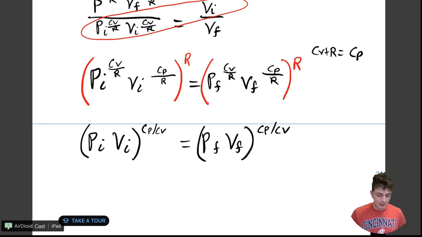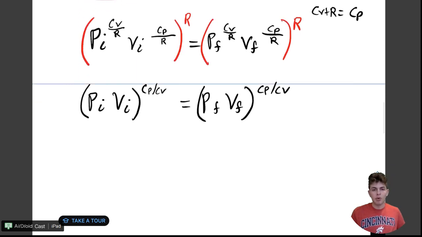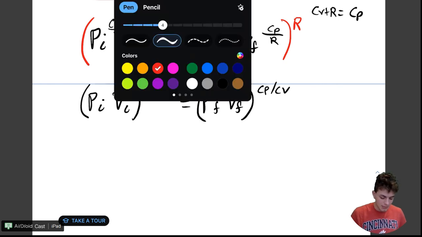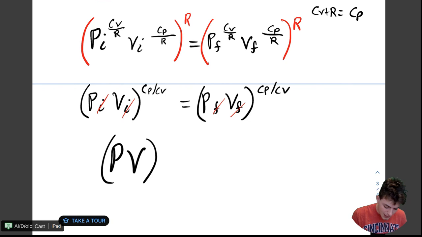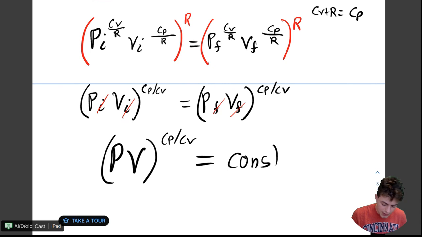Now, we can state that at any point during this adiabatic compression or expansion, the volume signs and the pressure signs, these guys are now irrelevant for this expression, because we can now write that PV times this exponent here, this relation, is going to be some sort of constant.